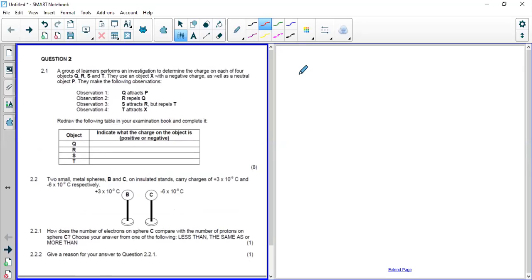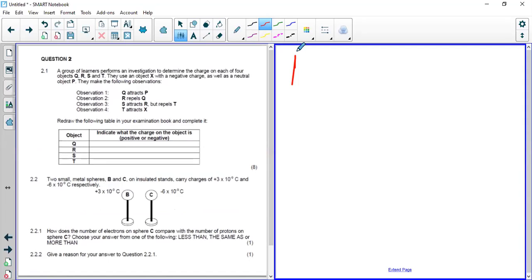I've got Q, R, S, and T. They use an object X with a negative charge as well as a neutral object, right? So we start with P. So I've got P, right? Then I've got a Q, or maybe the best way to do, let me write it here.